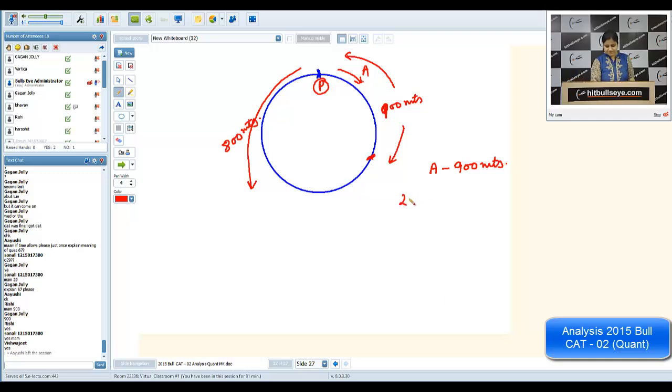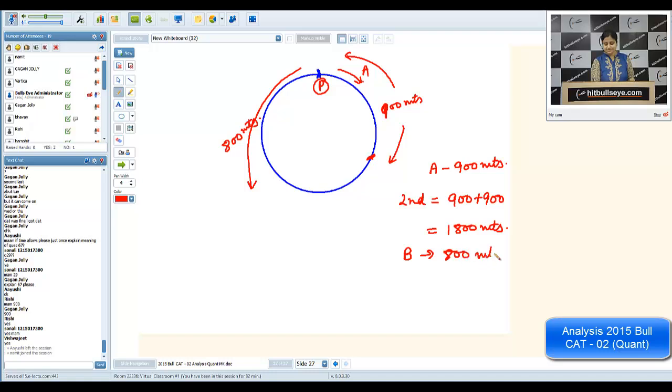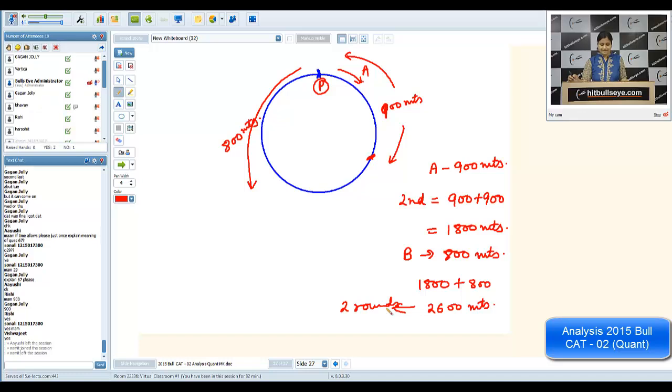It means till the second meeting, A must have covered 900 plus 900, I mean 1800 meters. And till then, B has completed 800 meters. It means in total they have covered 1800 plus 800, which comes out to be 2600 meters, which corresponds to 2 rounds. If 2 rounds is equal to 2600 meters, of course 1 round will be equal to 1300 meters. Is it okay? Clear?